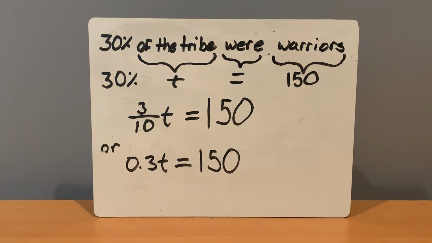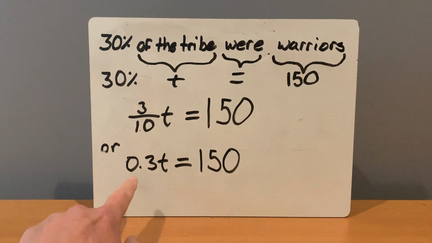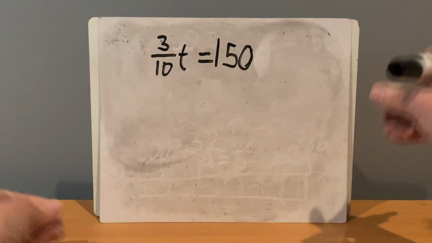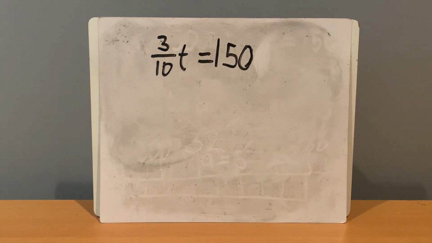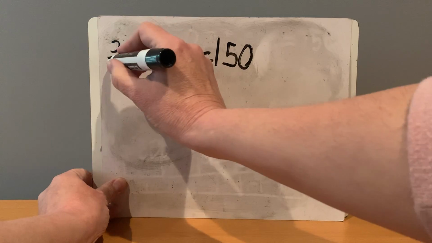We can change 30% to a fraction, 3/10 times T equals 150, or a decimal, 0.3T equals 150. Either way is fine. We're going to go ahead and solve for both. First, looking at it as a fraction, we have 3/10 T equals 150. Now we're going to find T by dividing both sides by 3/10.